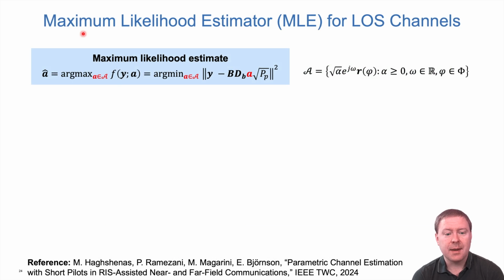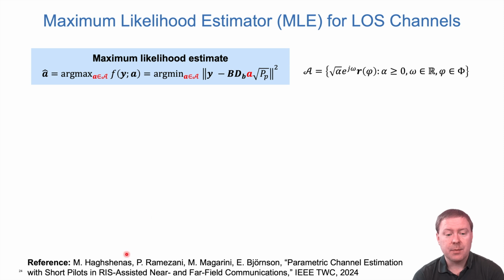So we can design a maximum likelihood estimator for this kind of line of sight channels, where we are not searching for just any A vector, but only the A vectors in this calligraphic A set of line of sight channels. And in the same way, we are then minimizing the term in the exponent with respect to only the A vectors of the right kind.